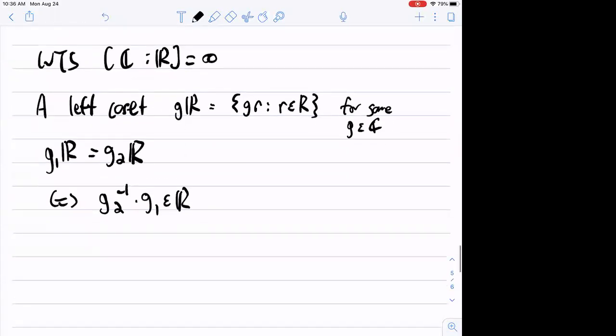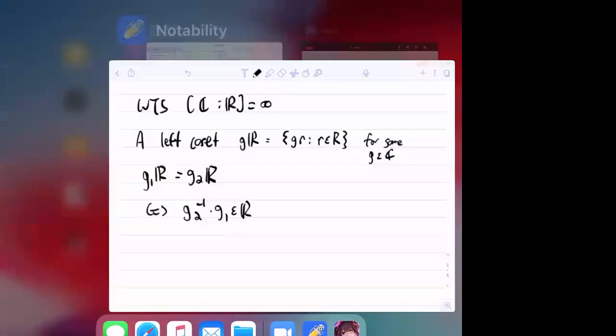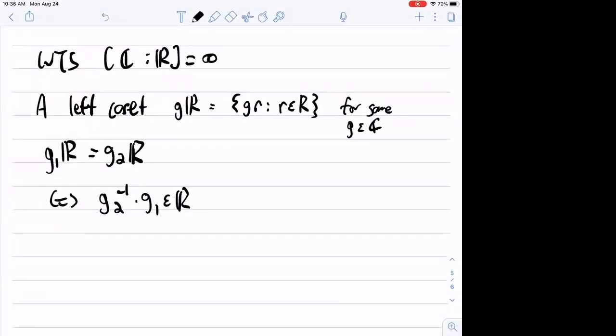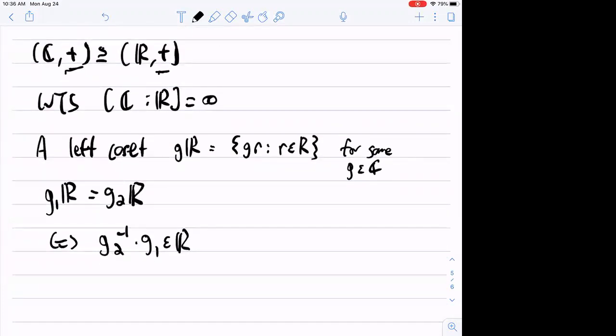So what's dot in this case? What is the group operation? You should always go back. So dot means plus, right? And what's the inverse of a number under plus?